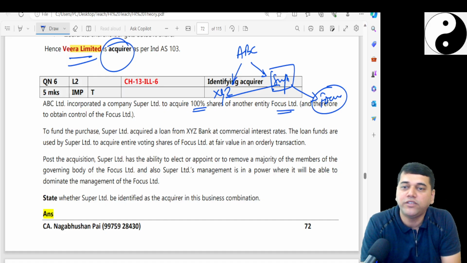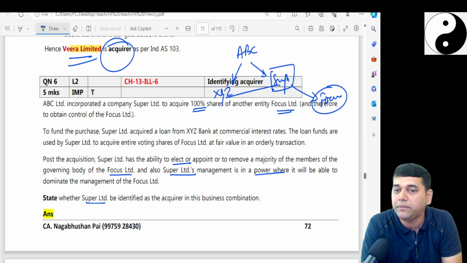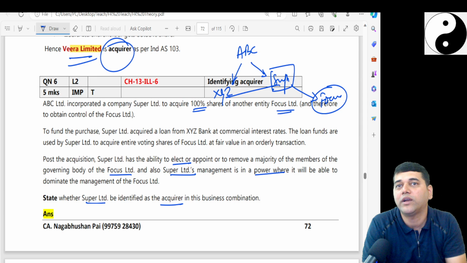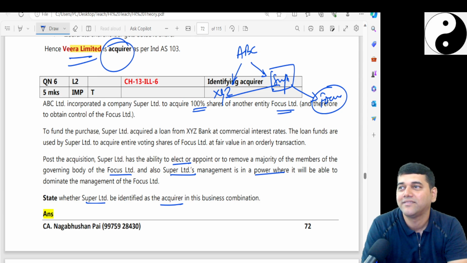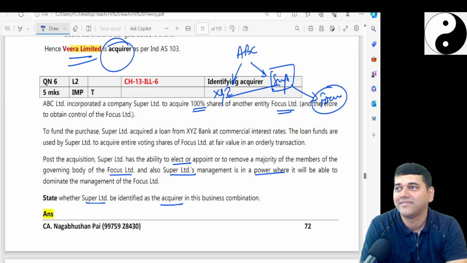Now post acquisition, Super has the ability to elect, appoint and remove the majority of the members of the governing body of Focus. And also Super Limited's management is in a position to dominate the management. State whether Super Limited is an acquirer. Who acquired whom here? Why, what role does ABC have to play here?